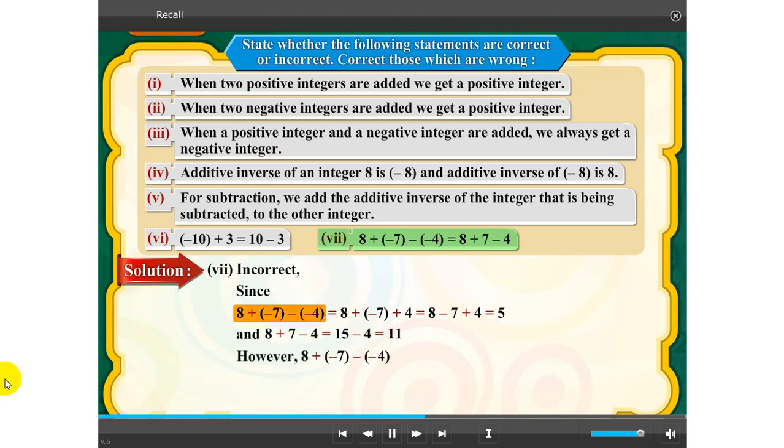However, 8 plus negative 7 minus negative 4 is not equal to 8 plus 7 minus 4. Therefore, the correct statement is 8 plus negative 7 minus negative 4 is equal to 8 minus 7 plus 4.